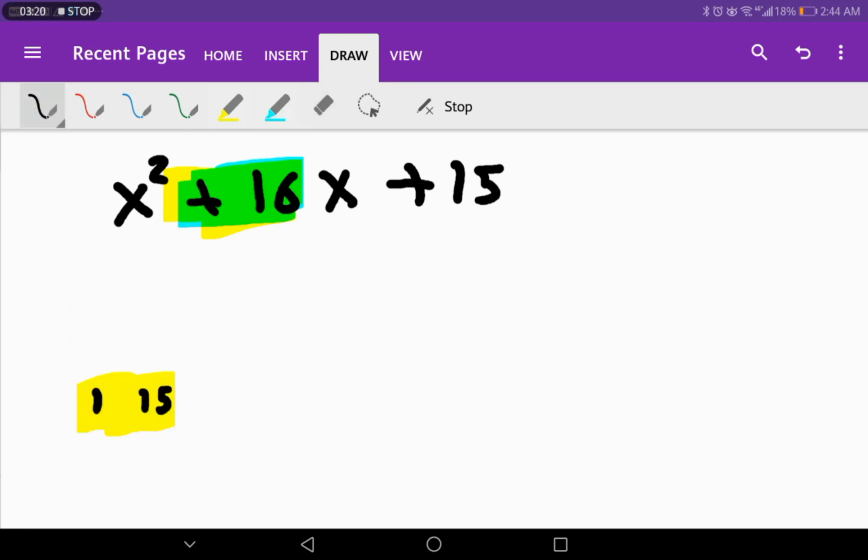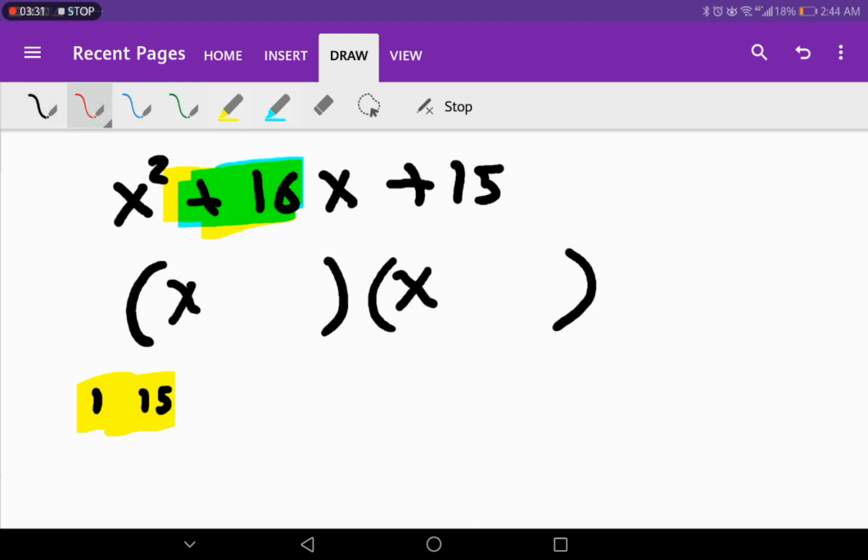So I will write, as we learned, the same steps. It is x here and x here, and positive 1 and positive 15. Are you happy with that?